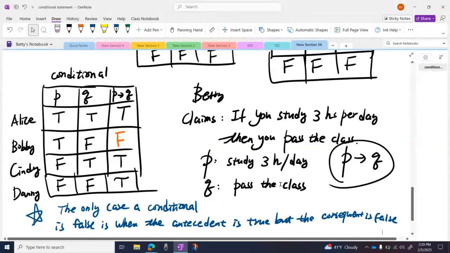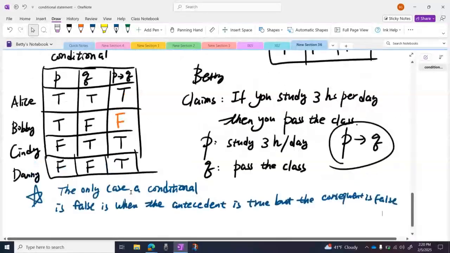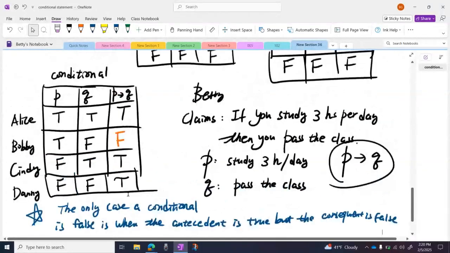consequence should occur as a result, right? So the only case that would make my conditional statement false is when the antecedent is true, but the consequence does not occur as a result. Like pitiful Bobby, who studied 3 hours a day but didn't pass, right? So I need you to remember this sentence.